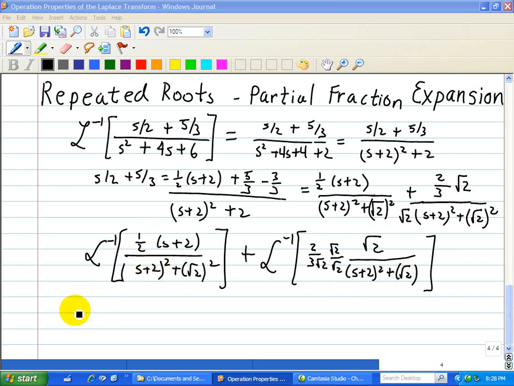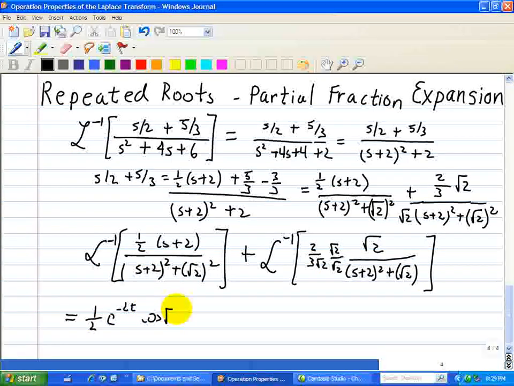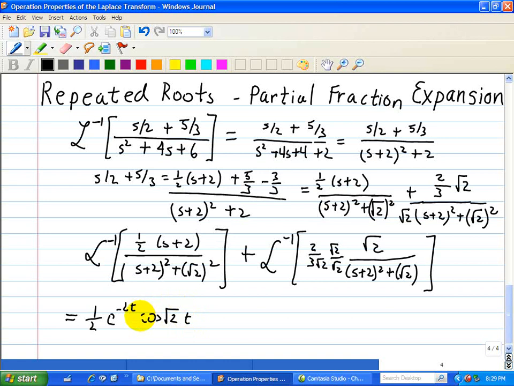It should be recognized that each of these has a translation property. So the resulting first term would be just 1/2 e to the minus 2t cosine of square root of 2 t. The second expression, simplifying, the 2's cancel, leaves square root of 2 in the numerator, 3 in the denominator, so this would be e to the minus 2t sine of square root of 2 t.